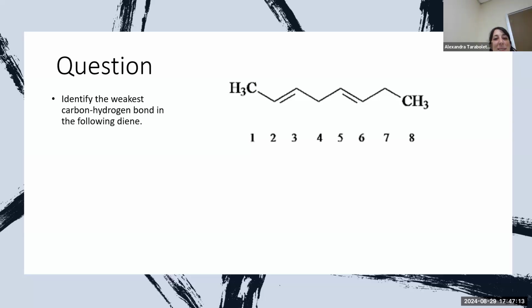This is 1, 2, 3, 4, 5, 6, 7, 8. Which of those spots would be best to have a positive charge appear on it? Would it be number 4? Yeah, I think that's what you were saying. Why do you guys think number 4?